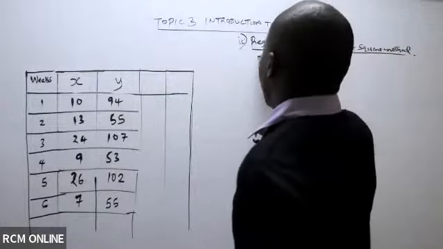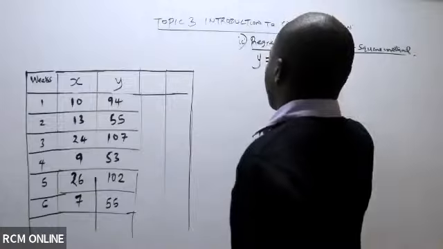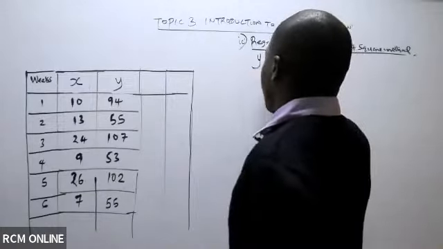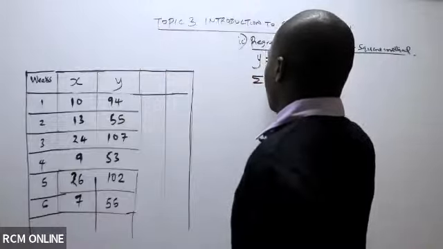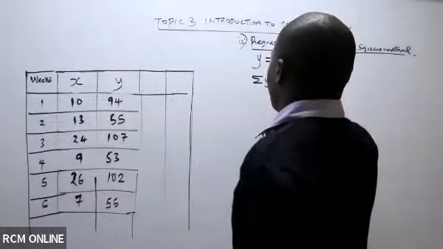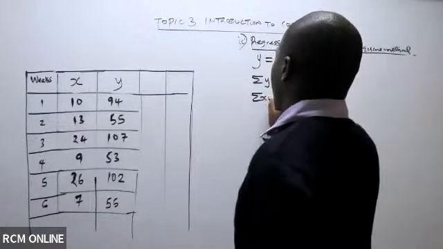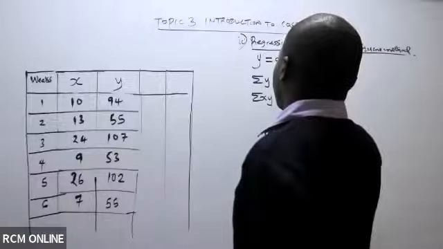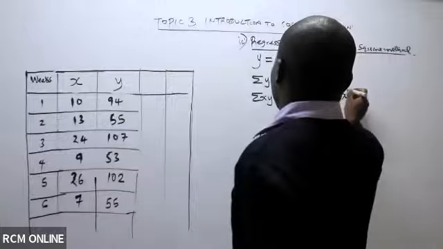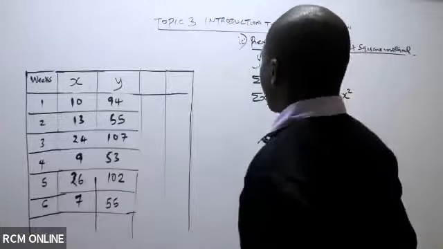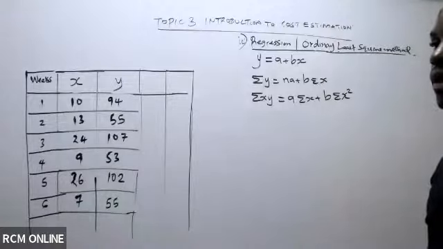Our cost function y is equal to a plus b x. Then now come here and say, for us to arrive at this, we must get summation of y is equal to na plus b summation of x. Summation of xy is equal to a summation of x plus b summation of x squared. Right?